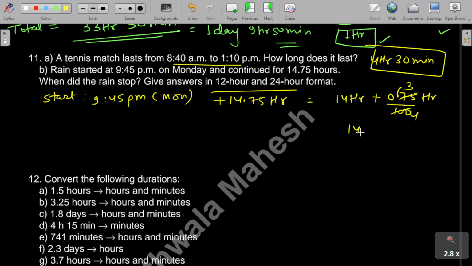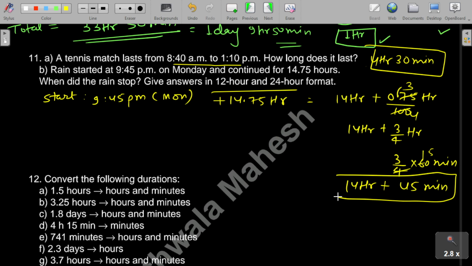So 14 hours plus 3/4 hour. And 1 hour is 60 minutes, so 3/4 of 60 is 45 minutes. So we changed 14.75 hours into 14 hours plus 45 minutes.